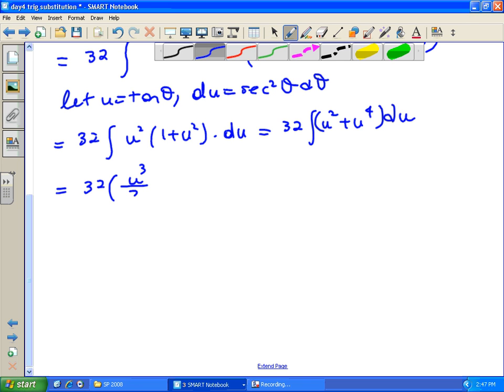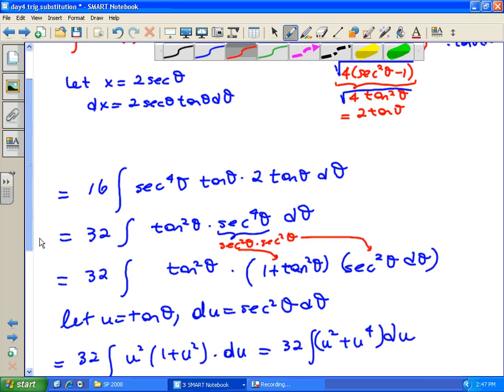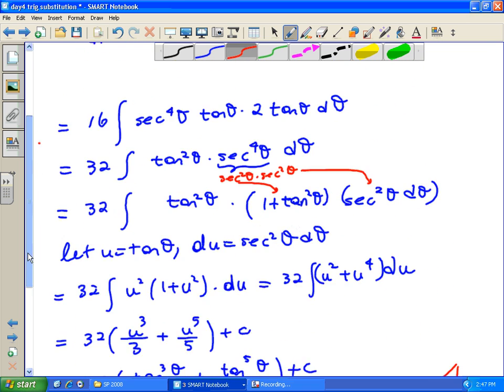U to the third over 3 plus u to the 5 over 5. And remembering what u was, we bring that back in here. So tangent to the third over 3 plus tangent to the fifth over 5 plus c. But as always, we need to get rid of the theta using a triangle. And remember the original substitution for that. X was 2 secant theta.